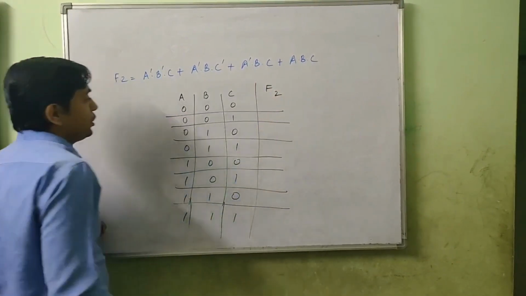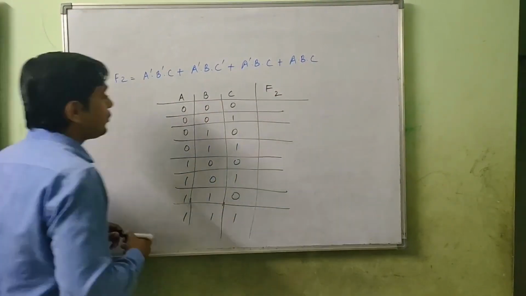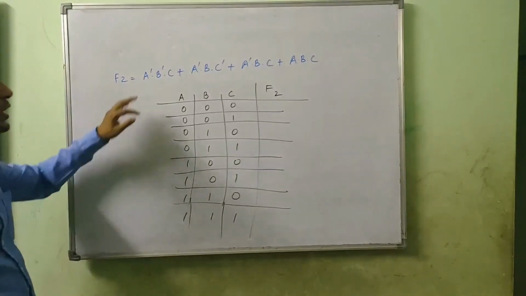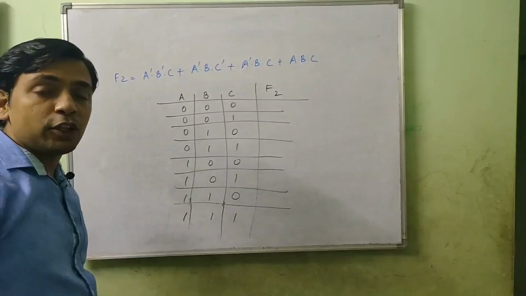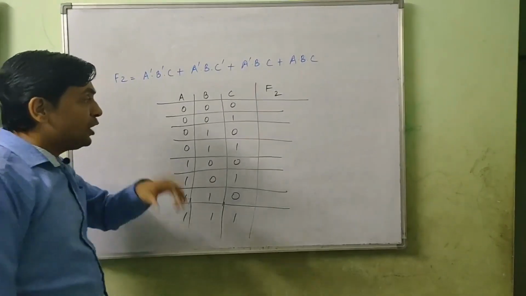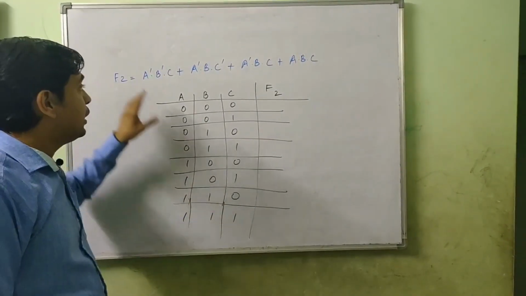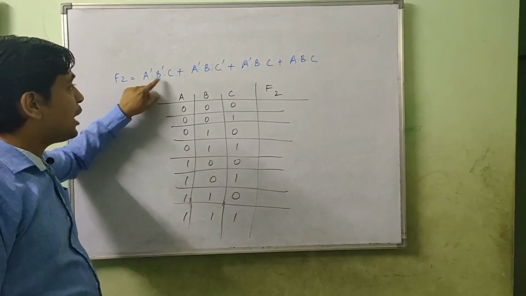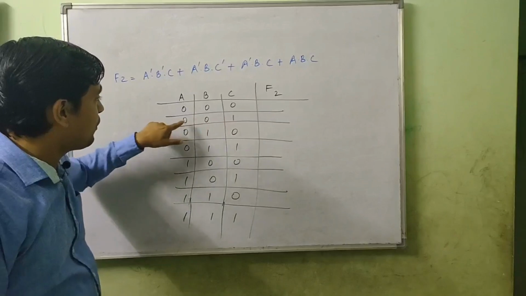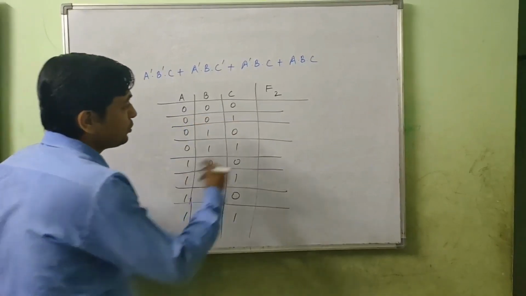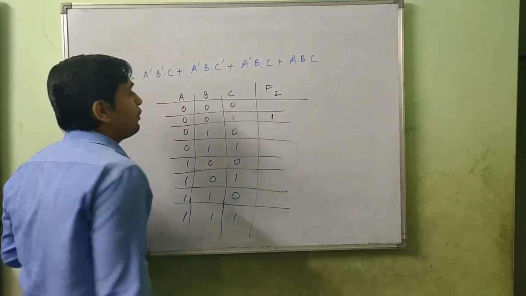f2 is the function. Now let's see the output. First is A complement, B complement and C, and we are talking about min terms, sum of product. We know in sum of product complements are zeros and normal variables are 1. So it is 0 0 1, A complement, B complement, C. This one is one of the min terms.